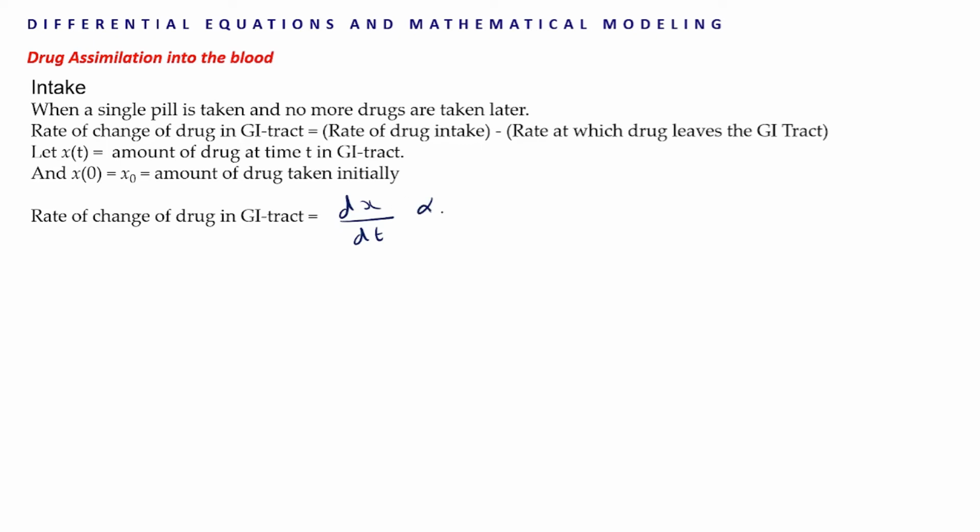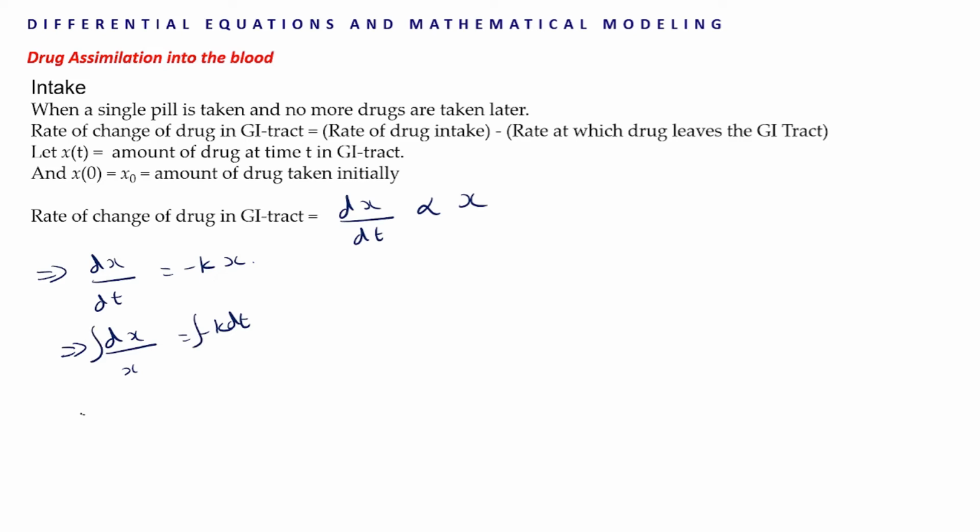Now this dx by dt is proportional to the amount of drug x, or we have dx by dt equal to minus k into x, because over a period of time the amount of drug reduces. So we have a negative sign here. So it is a decay model. So we have dx by x equal to minus k dt.